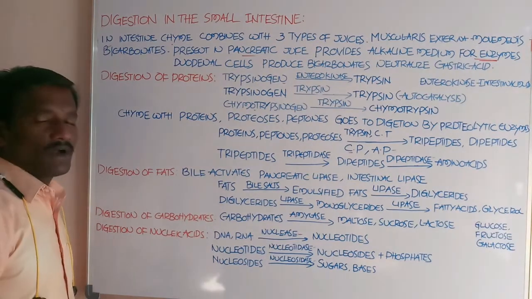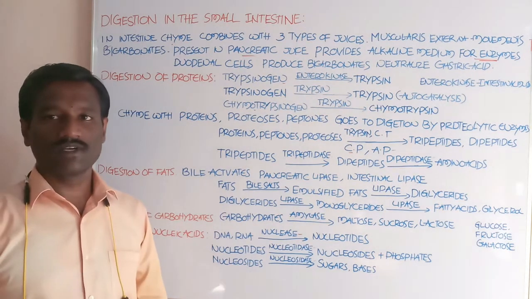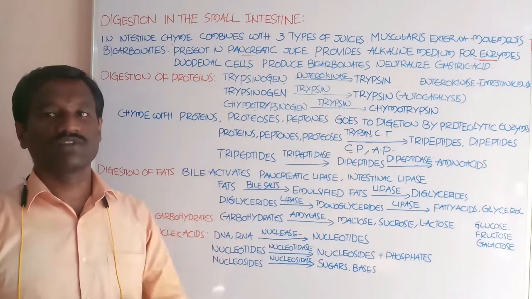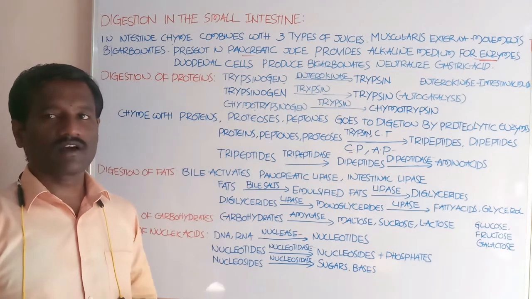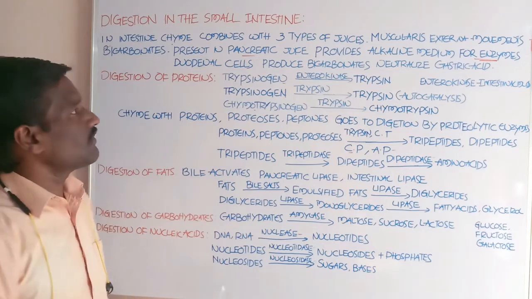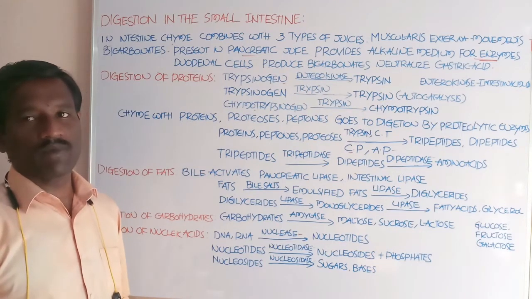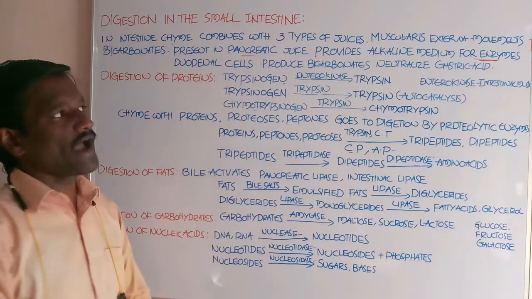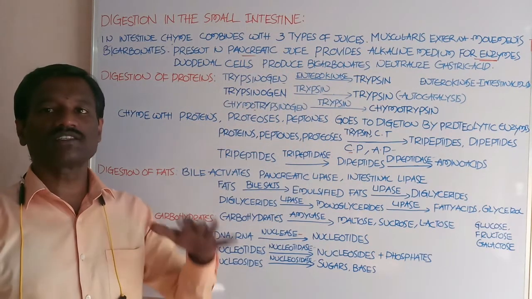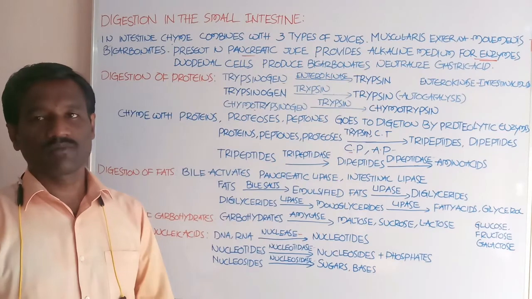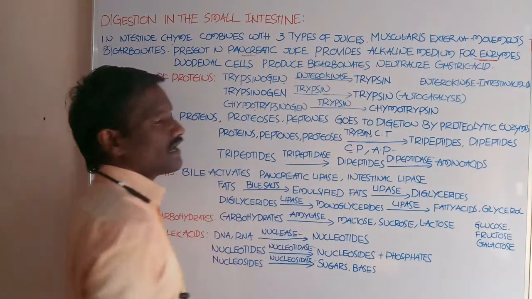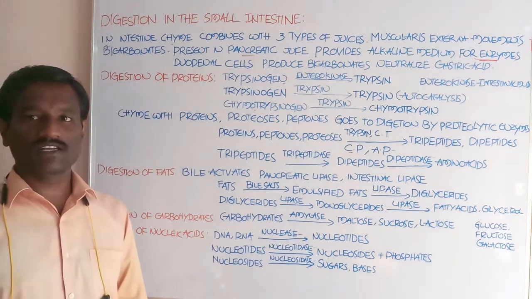Now, the juices which are helpful for the digestion of the different particles consist of bicarbonates. What is the function of the bicarbonates? Bicarbonates present in the pancreatic juice provide the alkaline medium for the action of the enzymes.